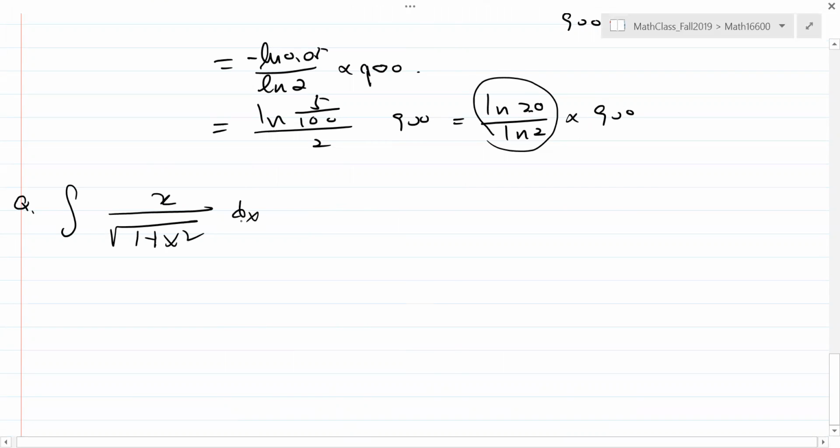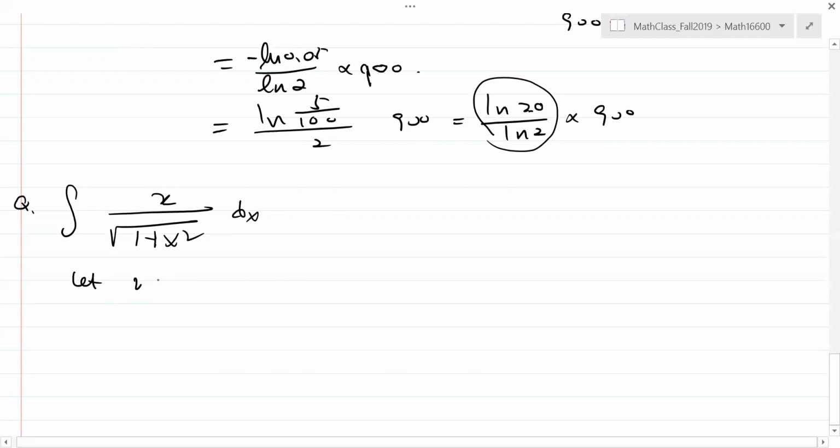Now, when you see 1 plus x squared inside the radical, you probably link it to the trig substitution. Maybe it works, but it's not the best choice. Why? Because this is a very special integral. I could give it to you even before you learn trigonometric substitution. Why? Because there's x on the top. That makes the integral very simple.